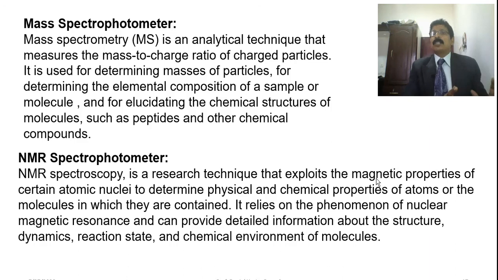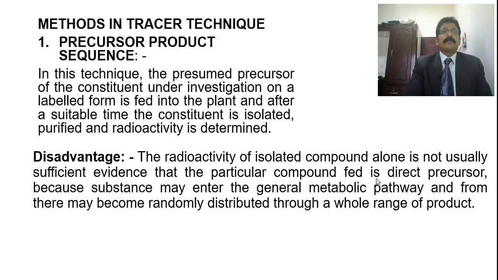We told that labeled compounds or precursors are used in plants for identifying the pathways. First you inject, and then after some time you isolate them and detect what change happened to them. This is what we are identifying. For that, all these instruments are needed for your various testing and to reach a conclusion.